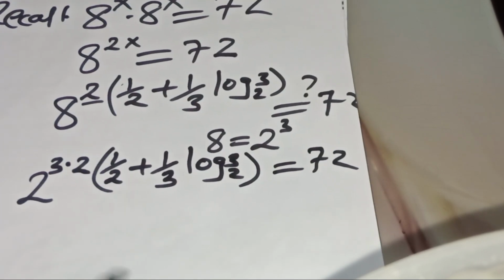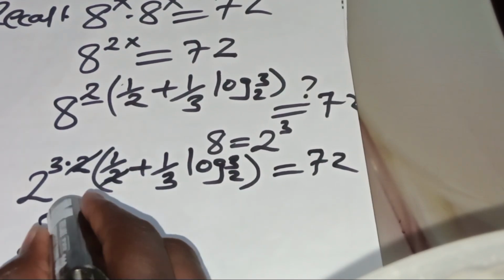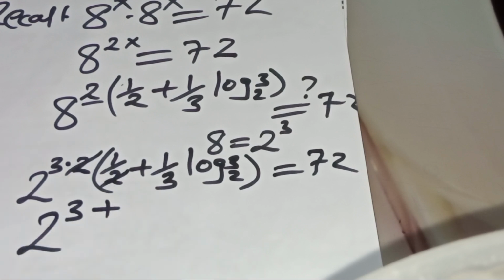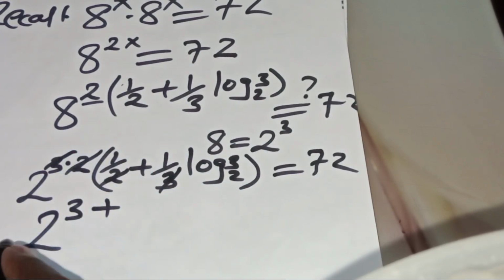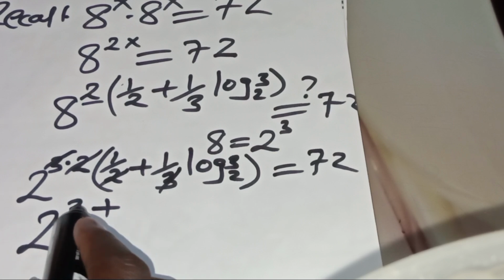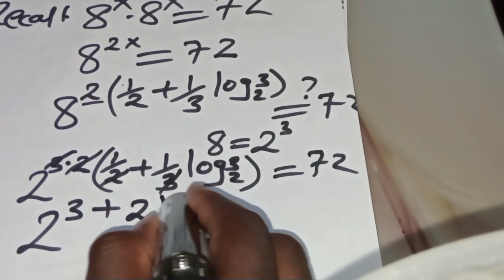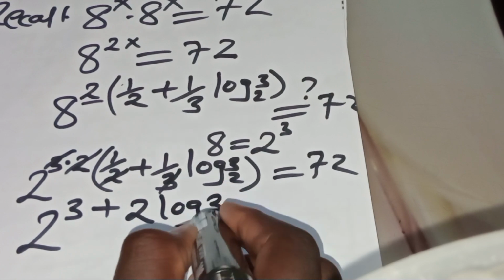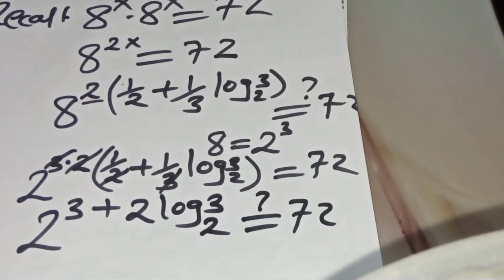Let's simplify here, so that now we'll have 2 to the power 3, now 3 and 3 simplify, so we have 2 to the power 3 plus 2 log 3 to base 2, and this should give us a value of 72.